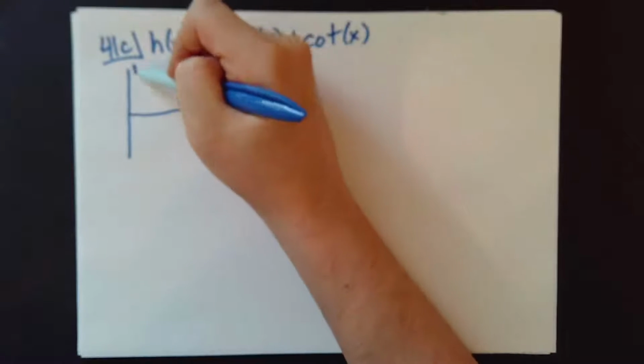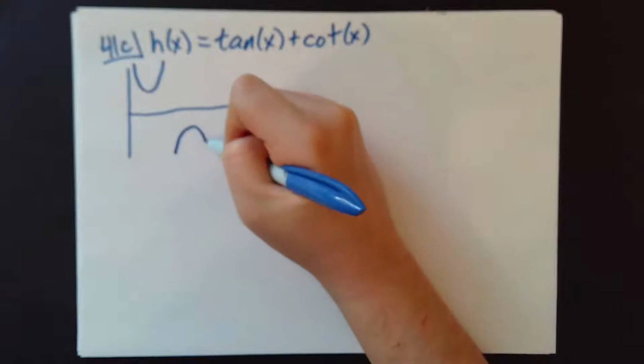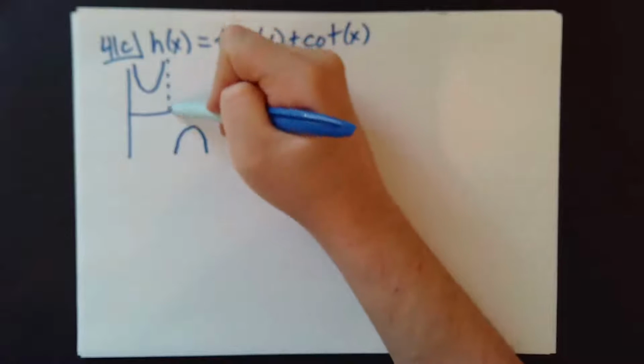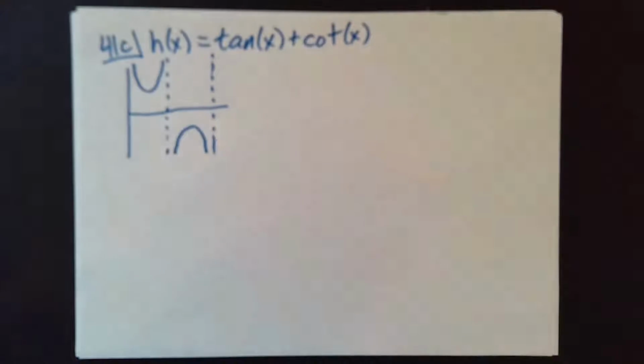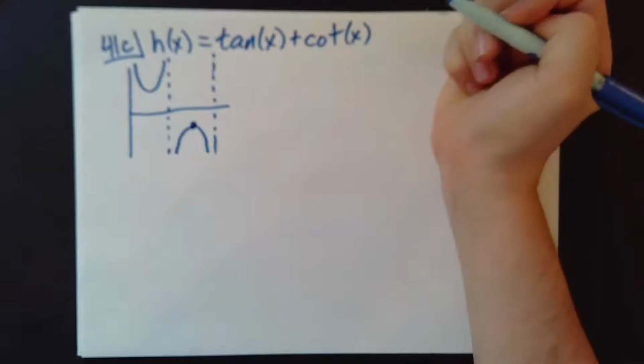So we've got this little thing here. So there's an asymptote. There's an asymptote. And we want the tangent line here.